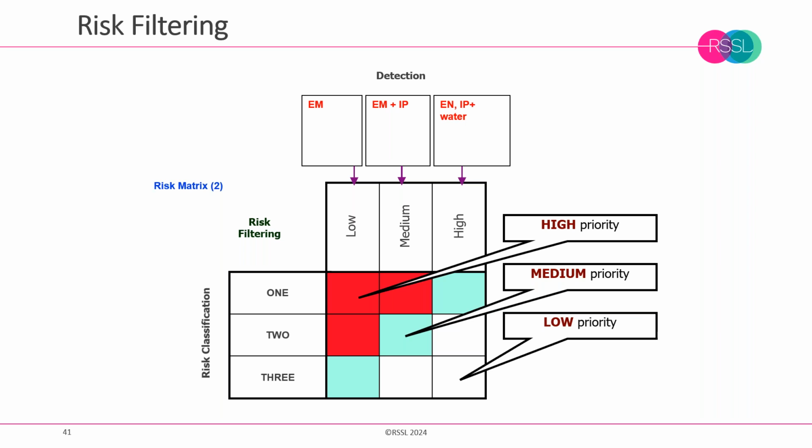And along the top, we have our 3 different detection methods. So we have low, where we've just got environmental monitoring, medium, where we have environmental monitoring and an in-process sample measure, be that bioburden or endotoxin, and then higher if we can also throw in either assessments of water, assessments of buffers, and so on.